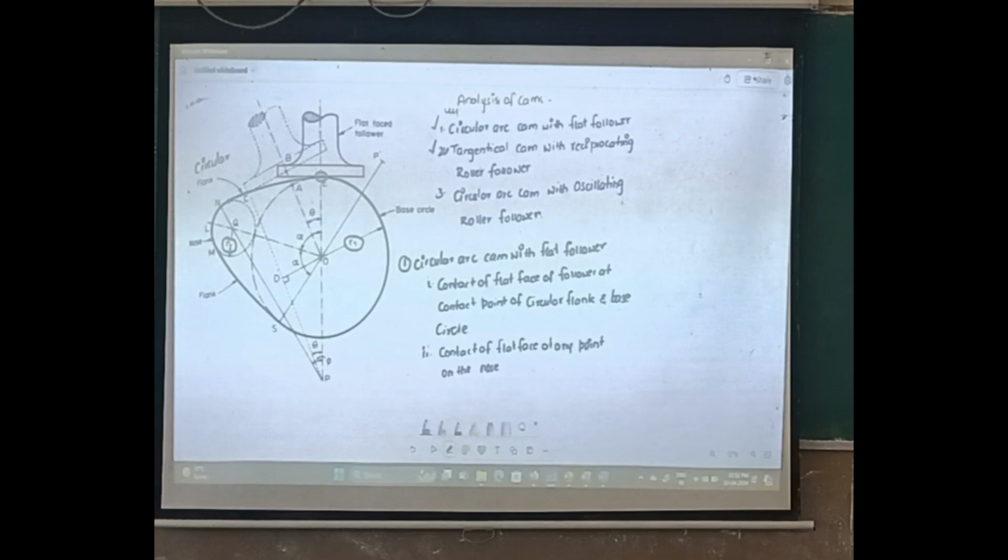So this flat surface is tangent to this circular arc and this base circle. That is the position of the flat face follower on the circular arc cam.